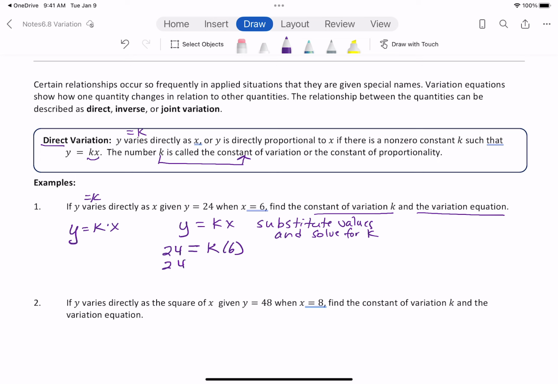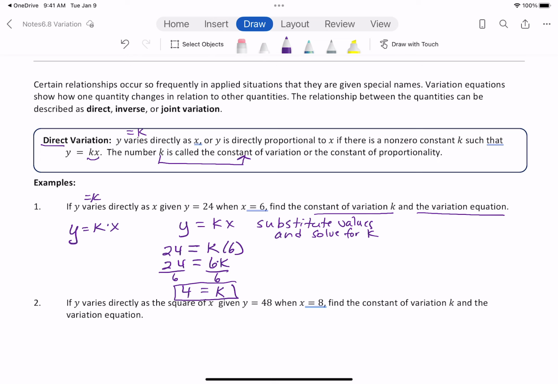So this is basically 24 equals 6k. That's just rearranging it in the order we're accustomed to looking at it. And if I want to solve that for k, this is just 6 times k, so we'll divide both sides by 6, and I get k equals 4. So this is the first answer they're looking for. The constant of variation for this problem is k equals 4.